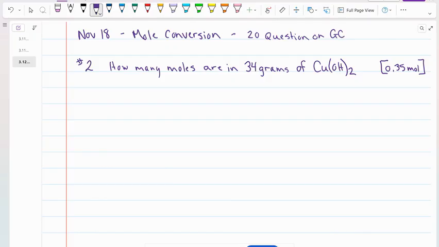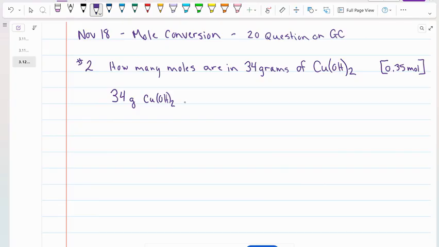I'm just pulling out my calculator because I forgot to get it ready. Okay, so when we go to do this, again, we're going to start with what we know. And we know that we have 34 grams of copper hydroxide, copper 2 hydroxide.